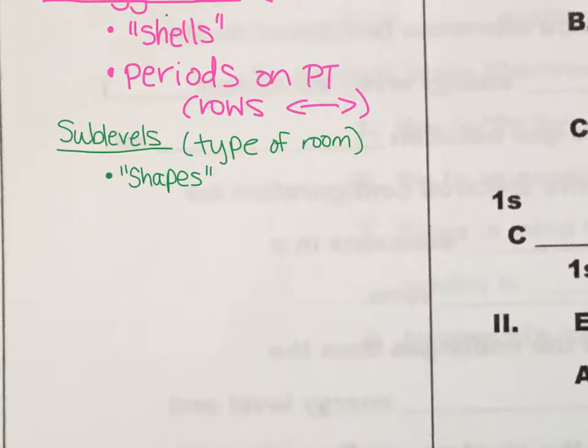Like we said, you had your sunny room, your pink room. There's also a D sublevel and an F sublevel. So you have sunny, pink, and then D and F. Yeah, it gets smaller.